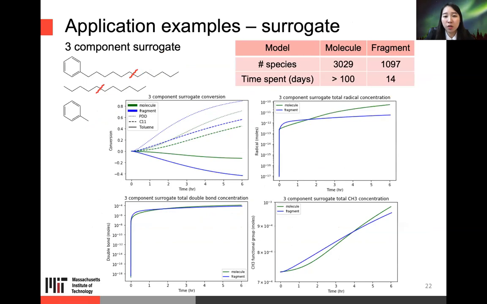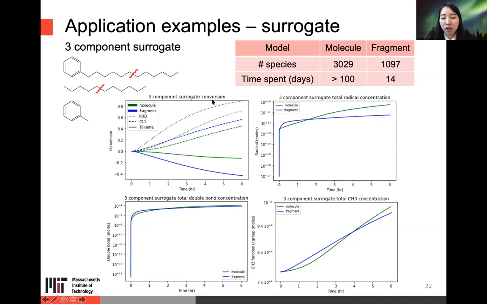So what if we apply this to build a more complicated system model? Here I built a fragment model which contains 3 components shown here. The blue lines are the fragment model and the green lines are the molecule model.